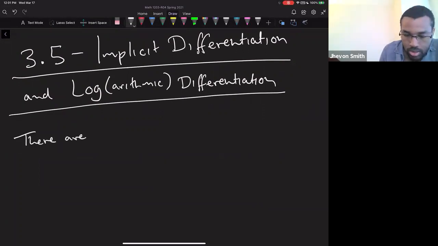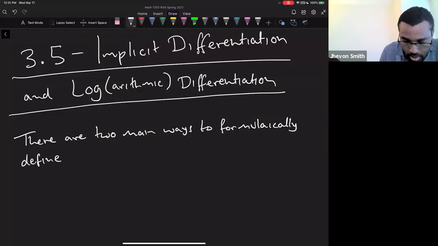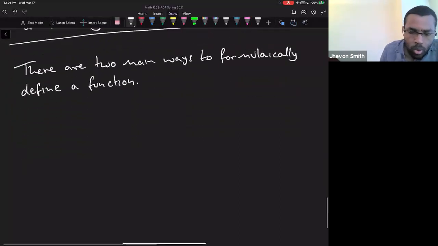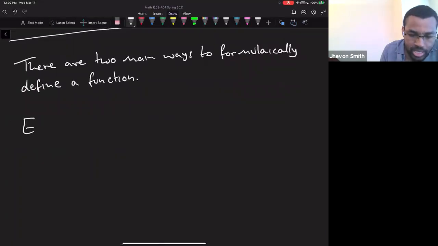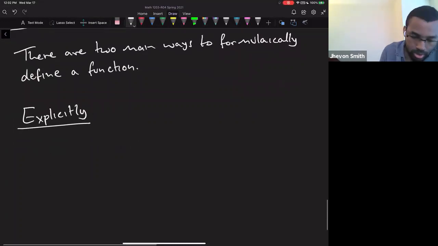there are two main ways to formulaically define a function. One is called the explicit way, explicitly. This is the way that you guys are all used to. y equals f of x.